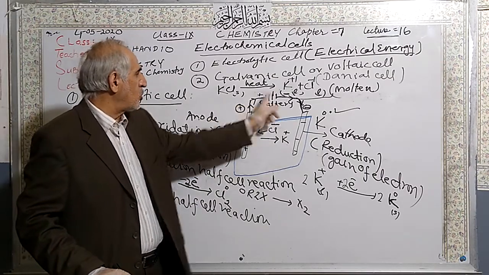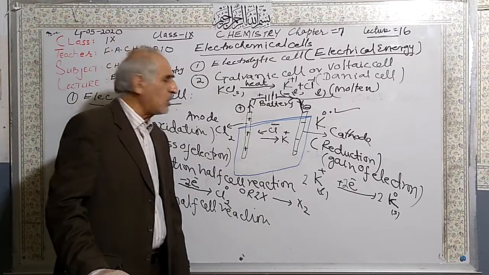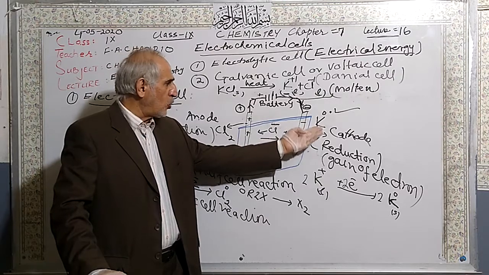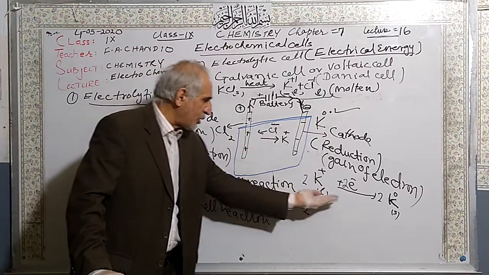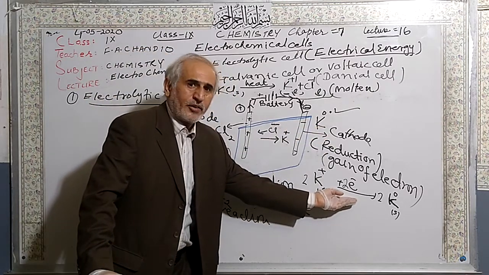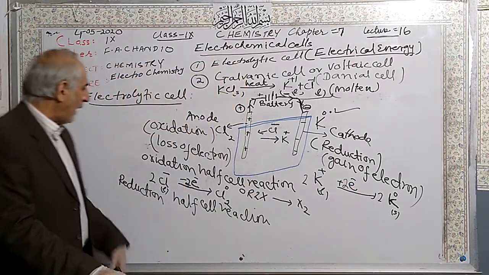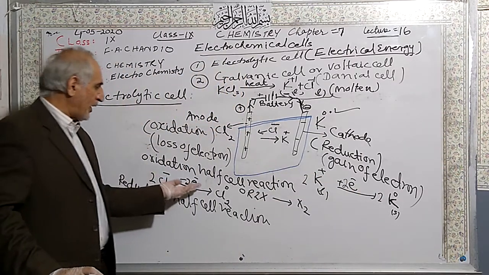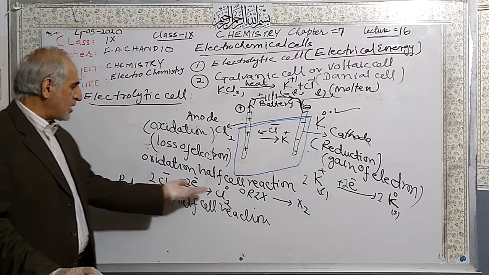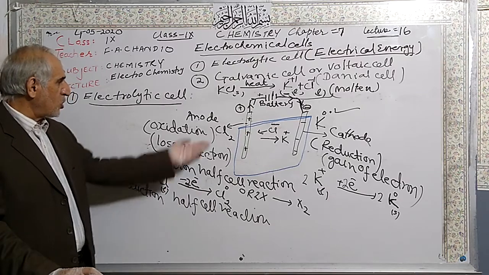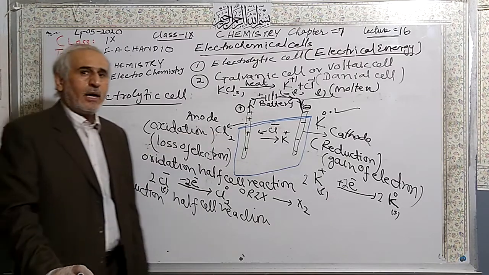So these arrows show that electrons are flowing from anode to cathode. So the potassium metal is going to be formed at cathode by the reduction process. You see that it is a reduction reaction. Reduction means decreasing oxidation number. And there is an oxidation reaction here. Two chloride ions change into chlorine gas, and there is oxidation. So chlorine gas is collected at anode.